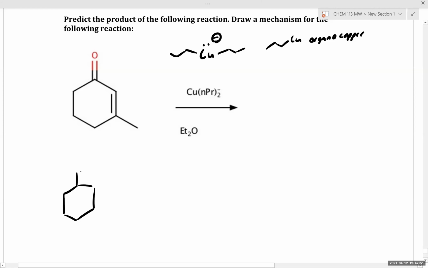So the class correctly noted that organocuprate reagents are soft nucleophiles that prefer to attack and add in a 1,4 fashion.